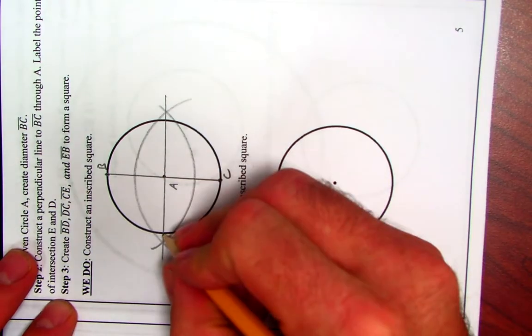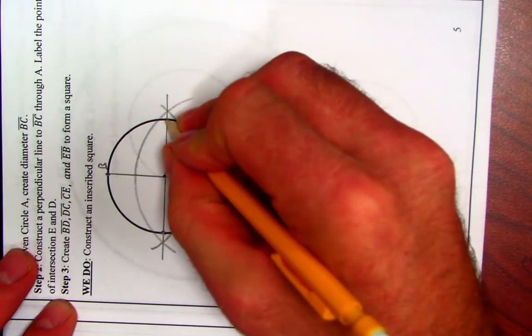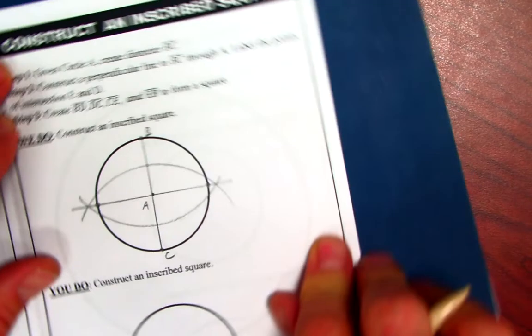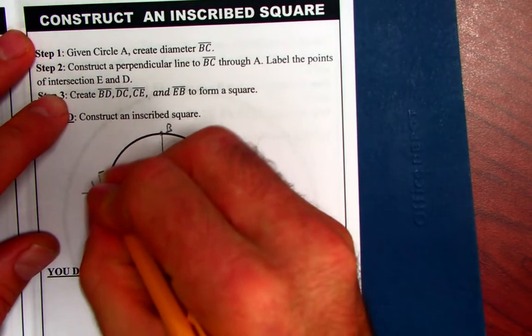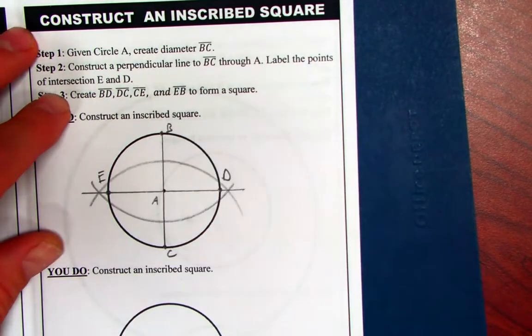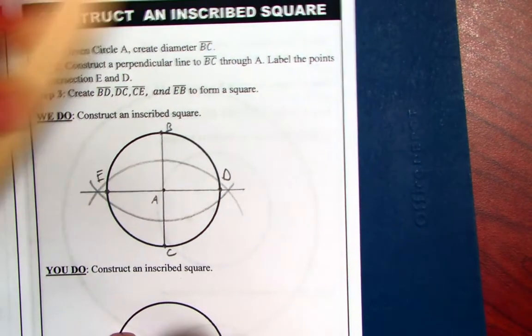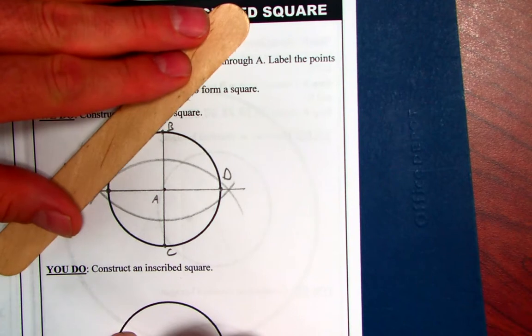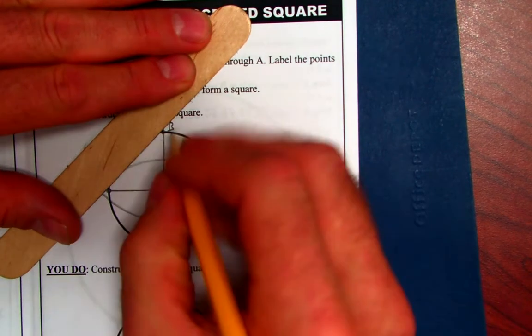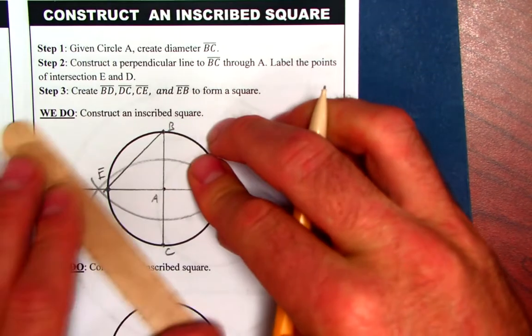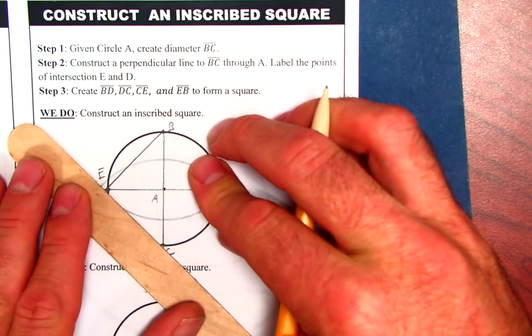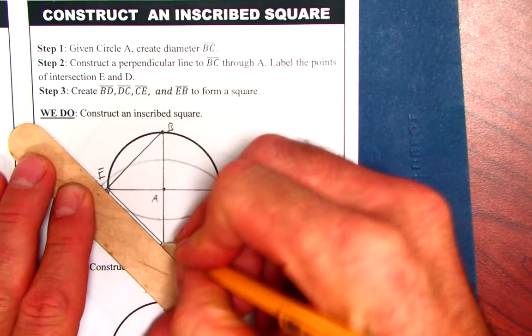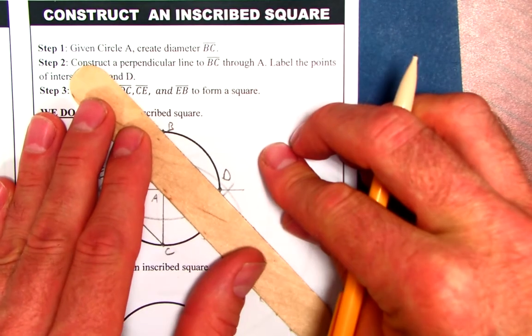Okay, now we've got two new points on our circle. We're going to call those E and D. And now all we have to do is connect these 4 points. Make segment EB, EC, BD, and then DC.